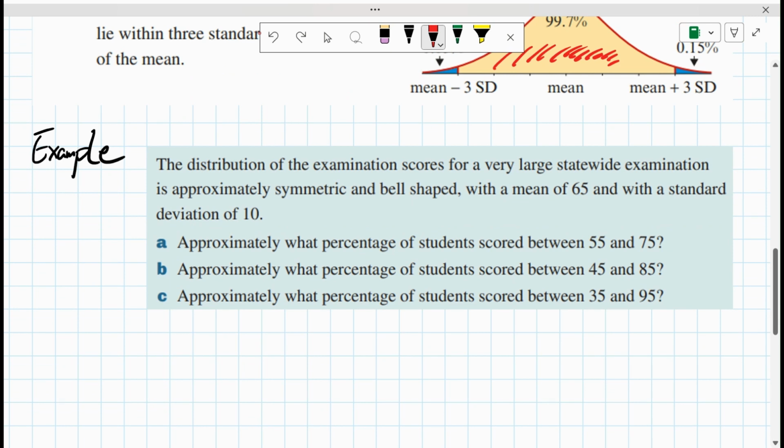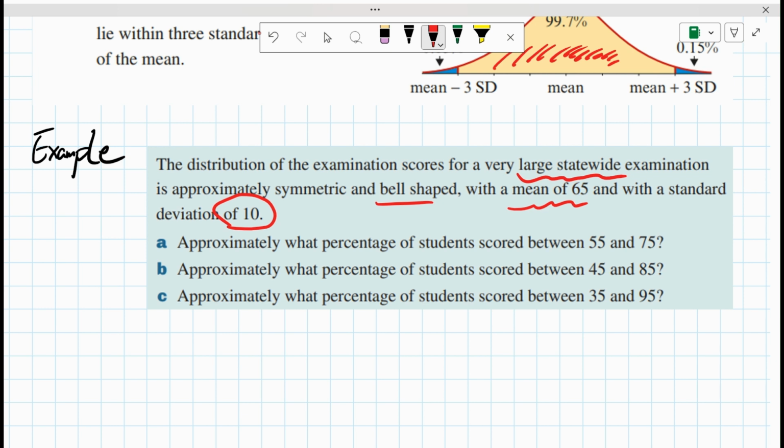The distribution of examination scores in a very large statewide examination is approximately symmetric and bell-shaped. The mean is 65 and the standard deviation is 10. Approximately what percentage of students score from 55 to 75?